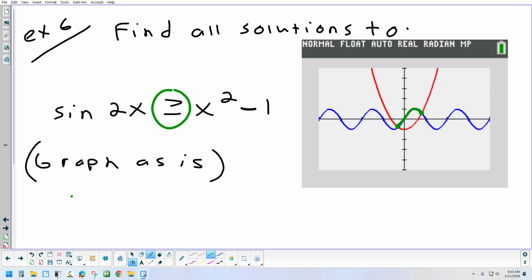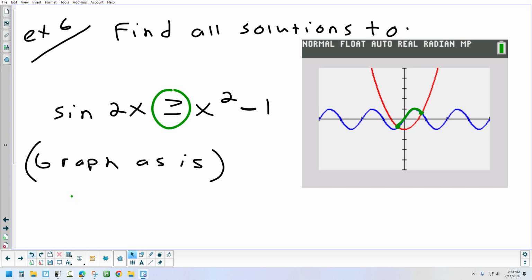No. Why not? I thought with trig functions you have to put the period times n to make sure we get all the answers. Yeah, the parabola doesn't repeat. So you're going to get that sine section again right there, but you're not getting the parabola again. So this is not a periodic solution. It's one section, and that's it.